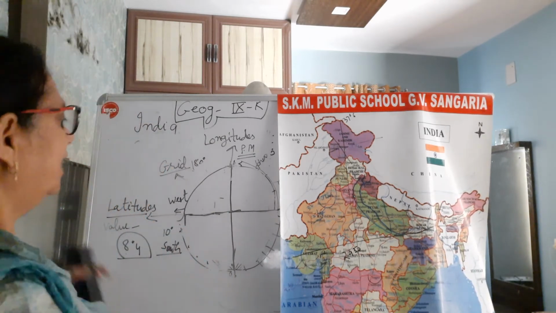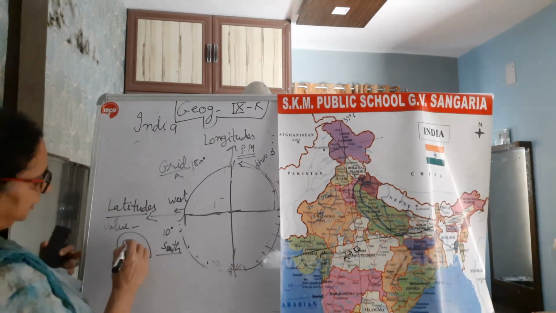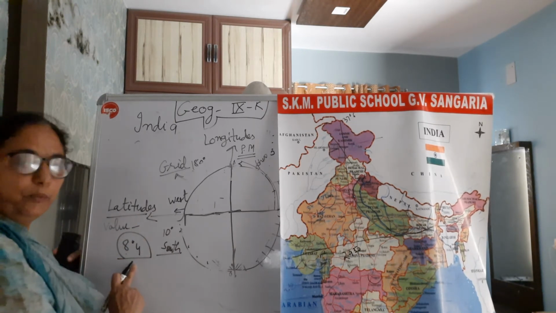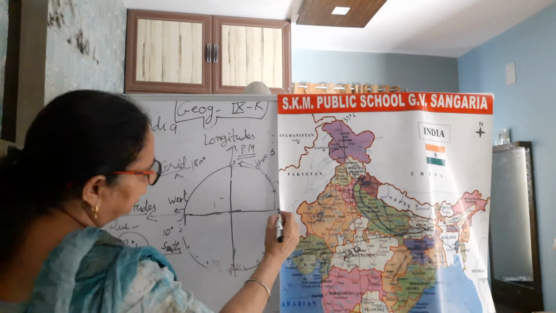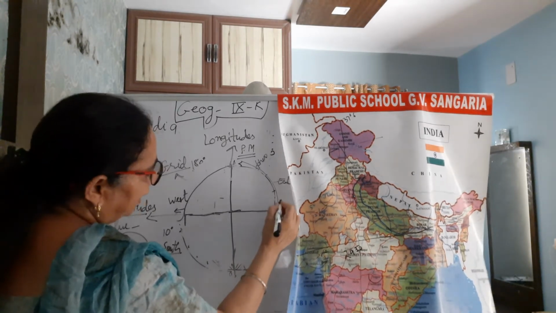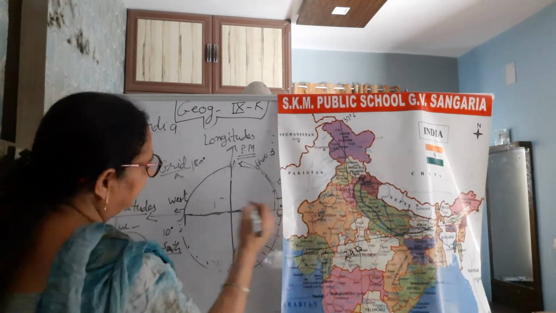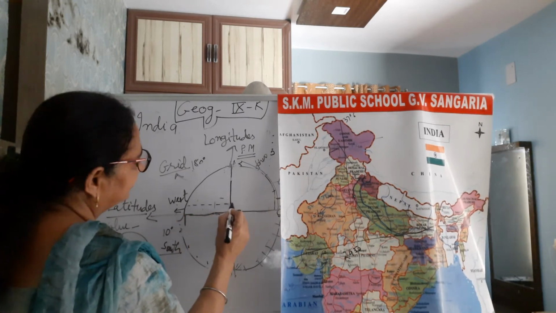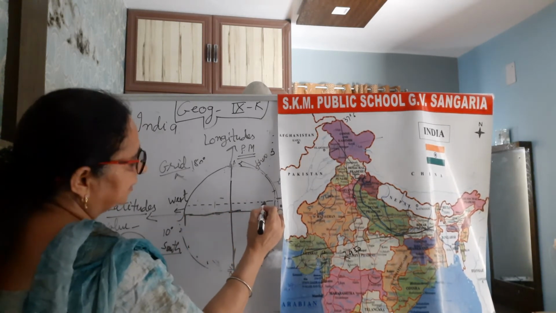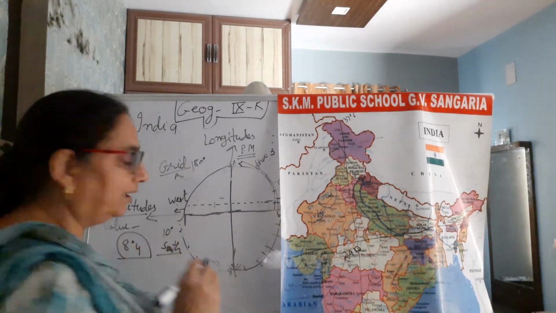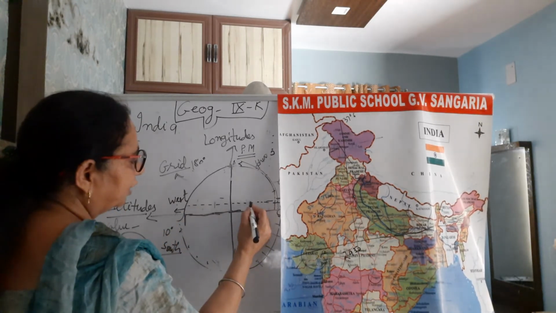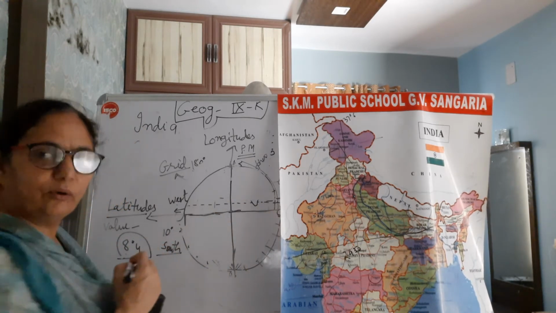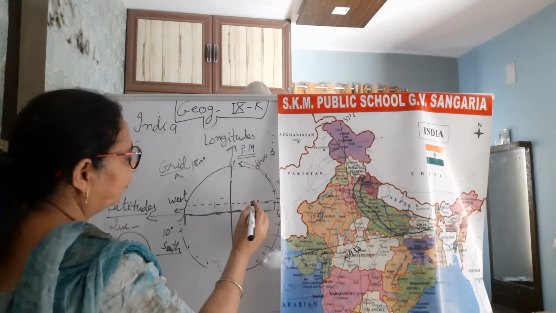So very good. Now I have told you that India's latitudinal value is 8.4 degree. How will we calculate? It is 0 degree. I imagine this is 10 degree and this is 10 degree, and I will mark one imaginary line here, right? India's value is 8.4, so it may be somewhere here. Okay, 8.4 degree.